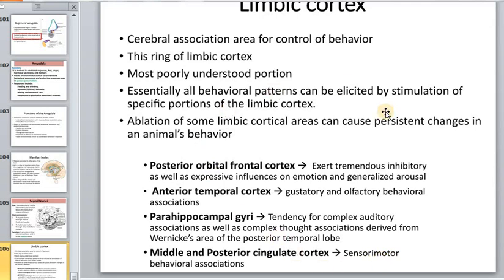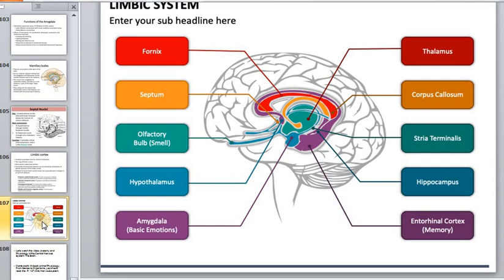So in general it is behavior and emotion too. And here we see the limbic system in general, all parts inside the hemispheres.